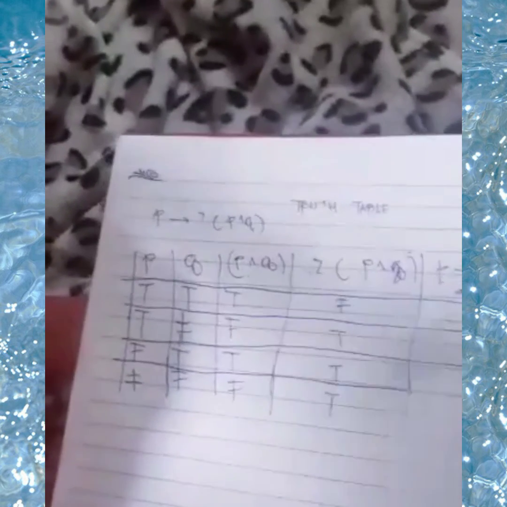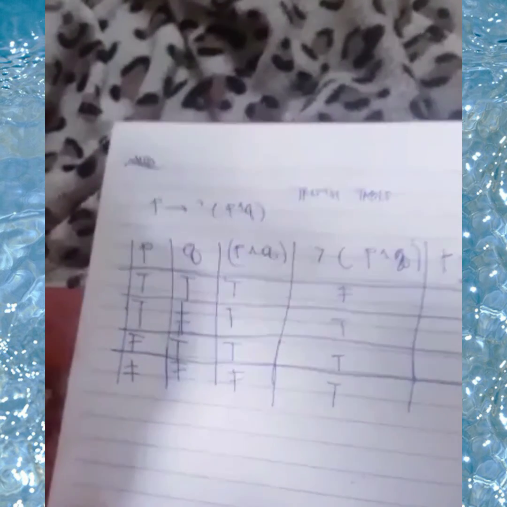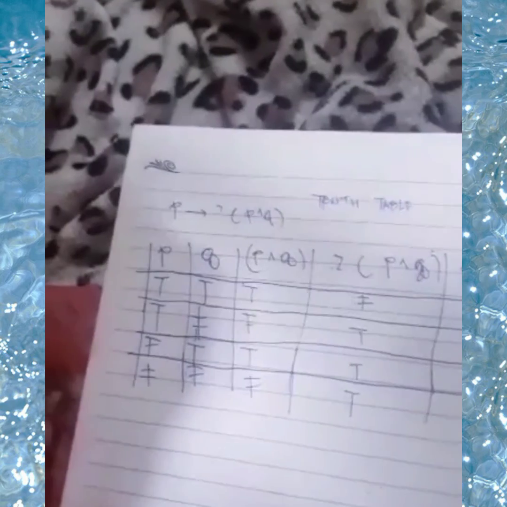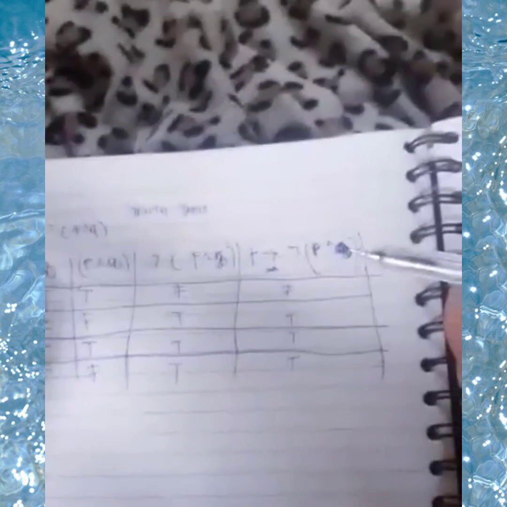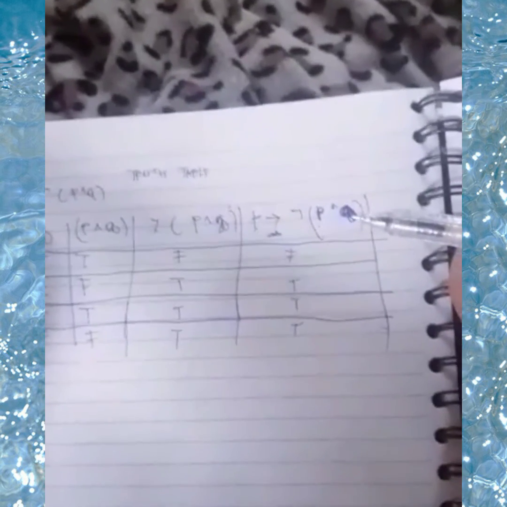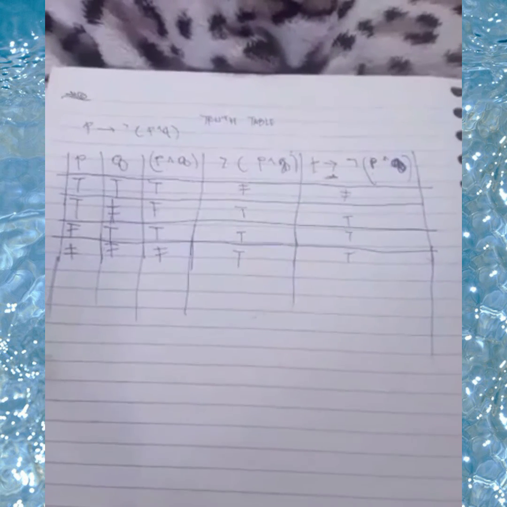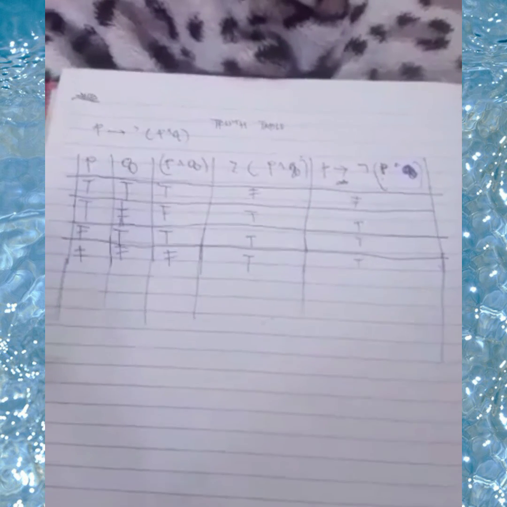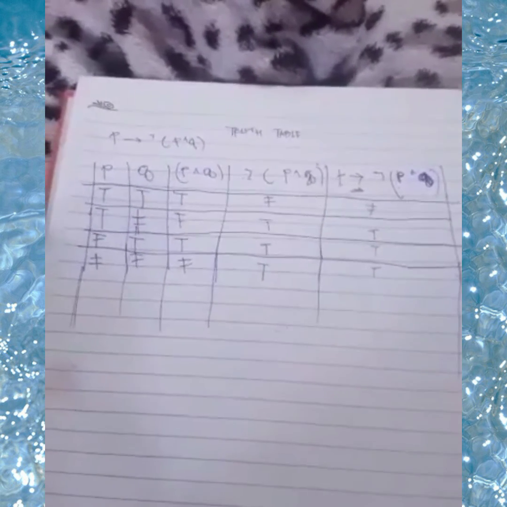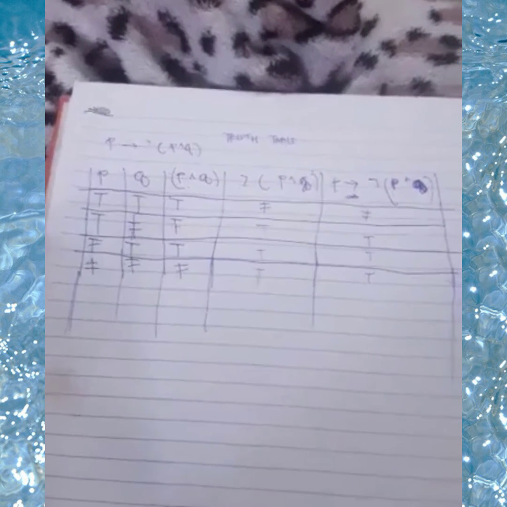So it's going to be true. And this is true, and false, it's going to be false. Okay, it takes a little bit of getting used to, but once you memorize that, then you'll have no problem with it.